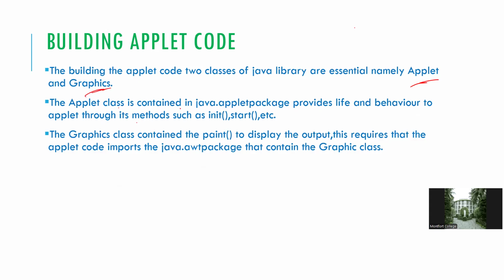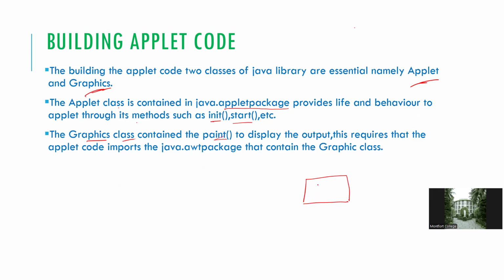The applet class is contained in the Java applet package, where we can import the init function and start function. Coming to the graphics class, we have the paint method. Consider this is an applet window.